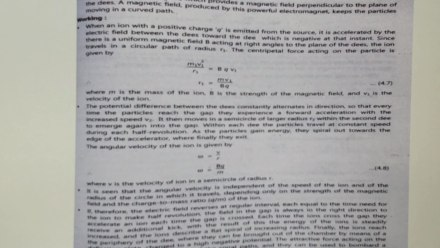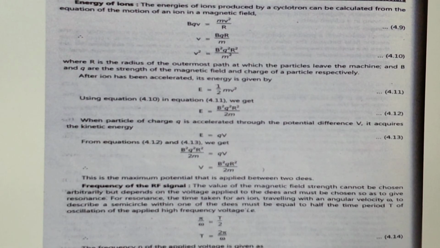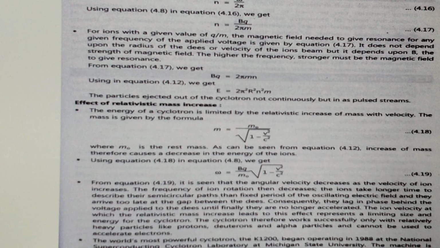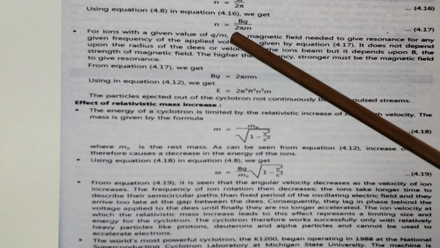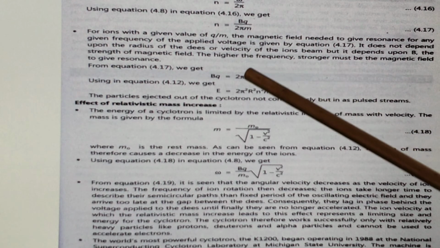We substitute the value of omega here, therefore we write N equal to BQ upon 2 pi m.